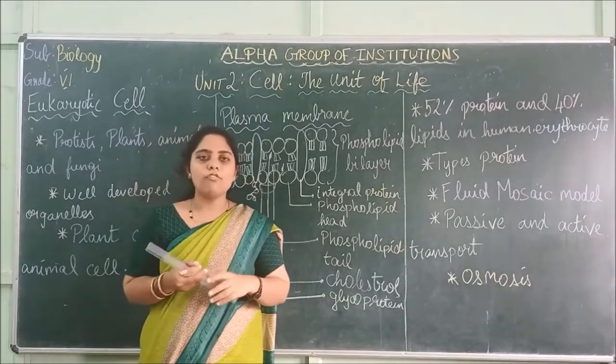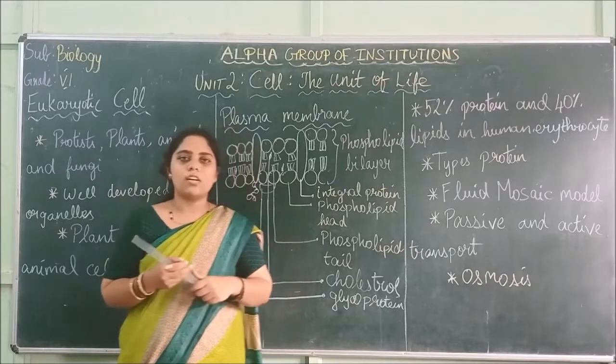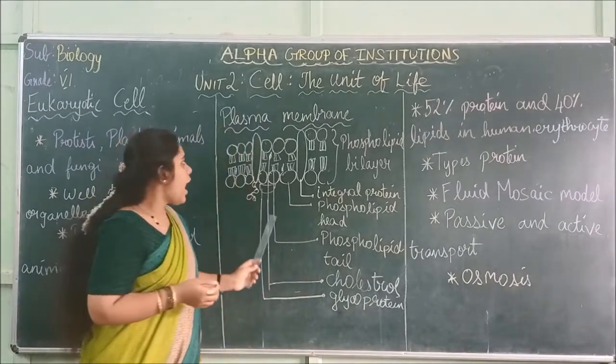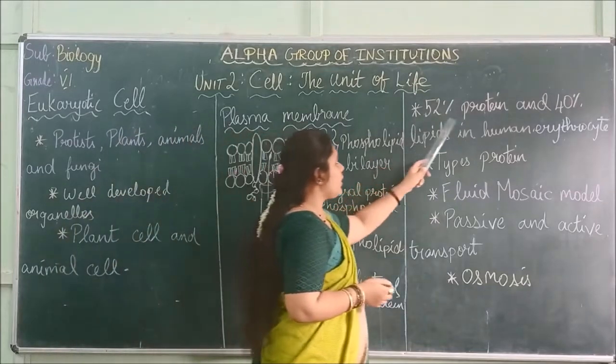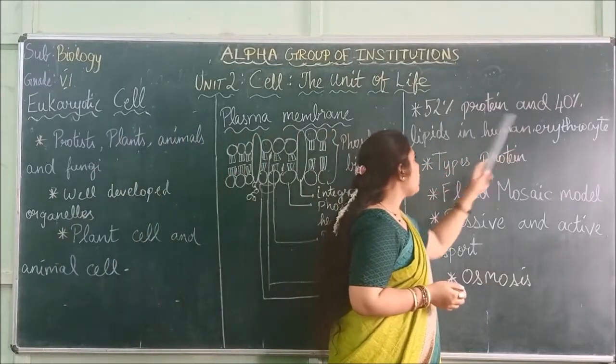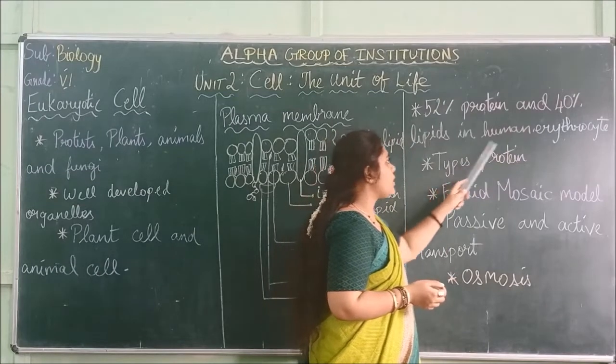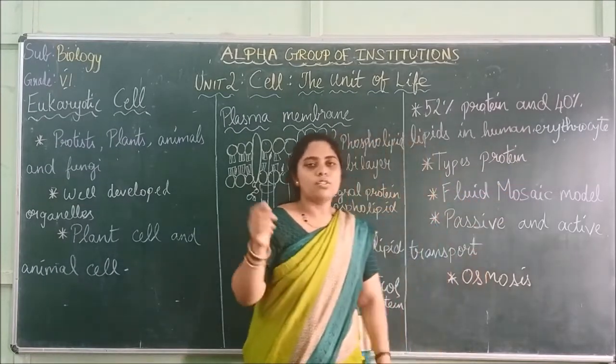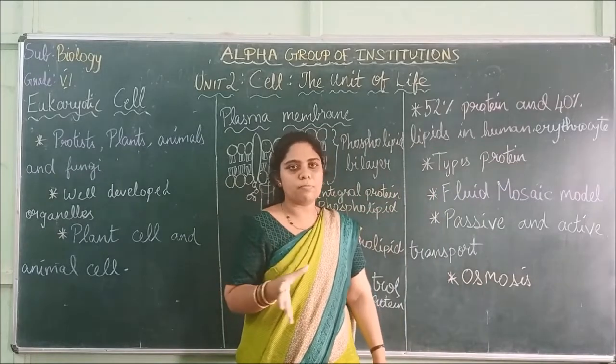It is made up of phosphoglycerides. In the human erythrocyte plasma membrane, 52% is protein and 40% is lipids. All cells have a plasma membrane.